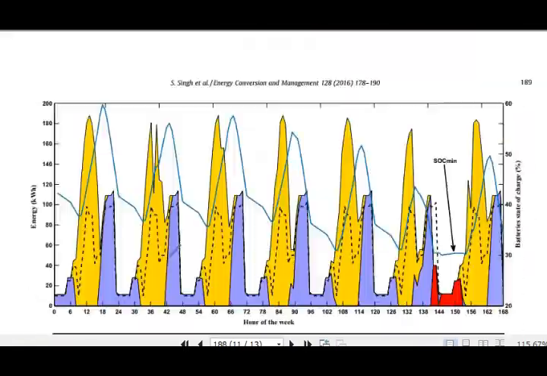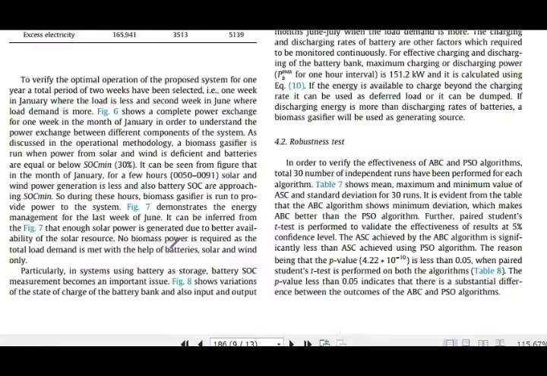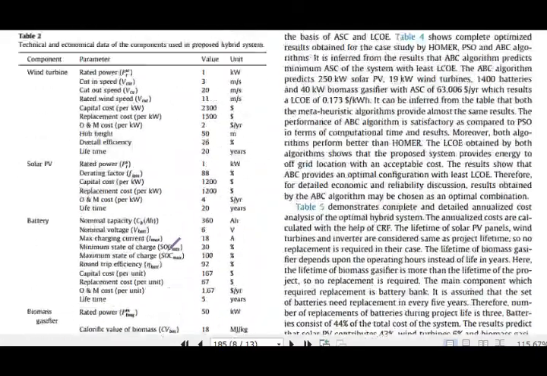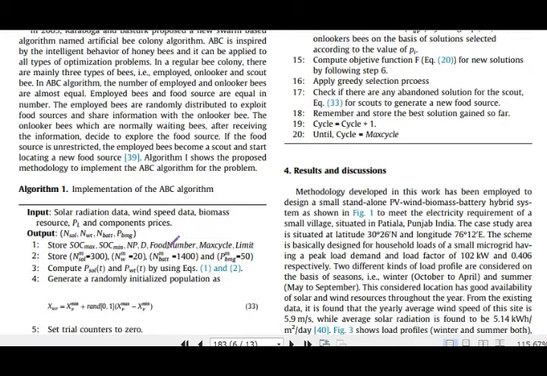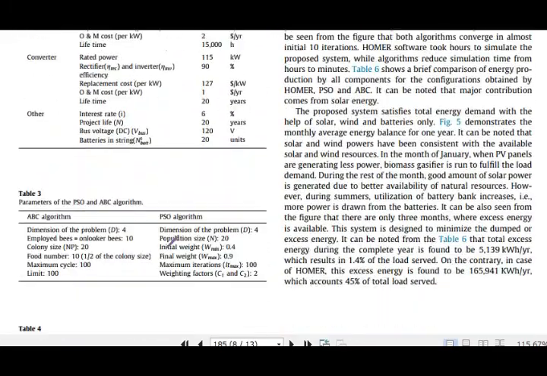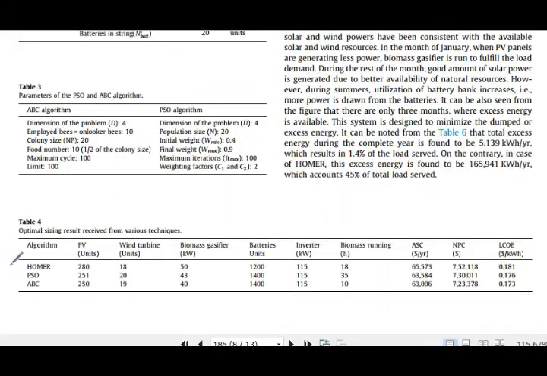If we see the results of these three simulations, HOMER has a levelized cost of energy of 0.181. The PSO has 0.176, and the ABC algorithm has a levelized cost of energy of 0.173.